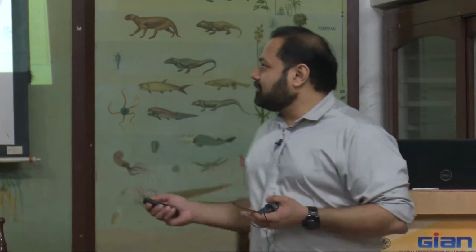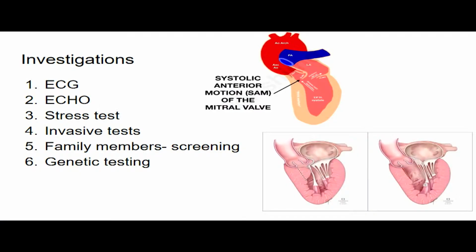As the name itself suggests, hypertrophic means large, cardiomyopathy, cardio means cardiac muscle, and myopathy means disease of the muscle. So, this is a disease of cardiac muscle in which it gets enlarged and dysfunctional. So, depending upon which group of muscles is involved, we can have different types of cardiomyopathy.